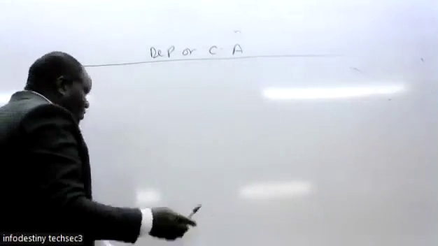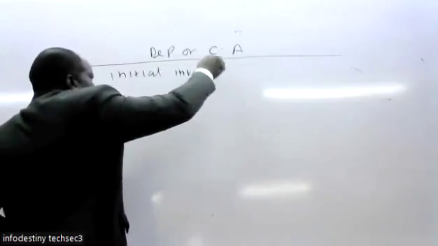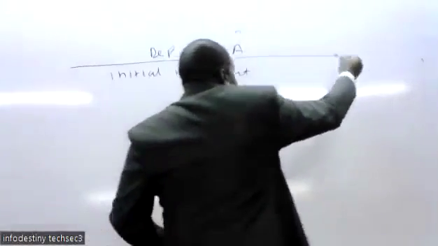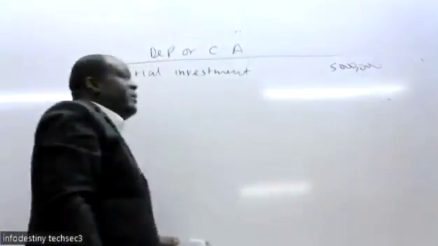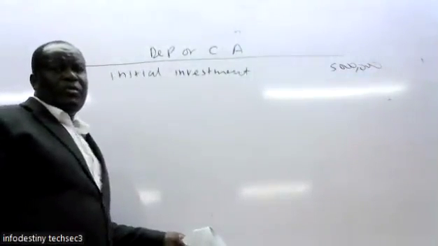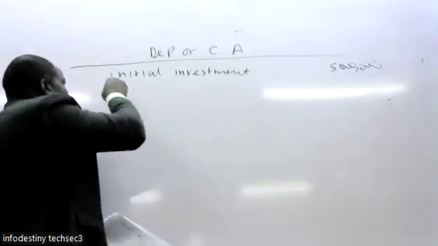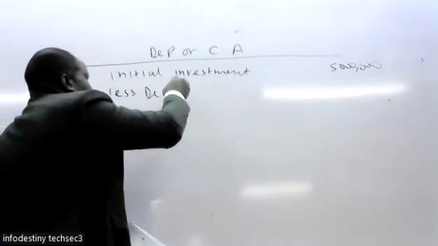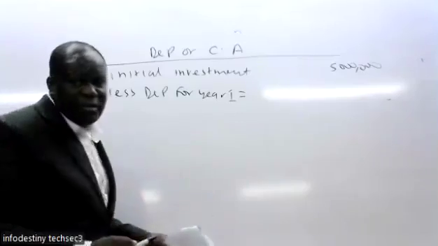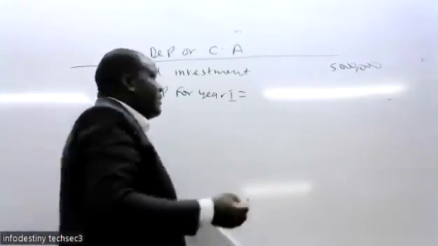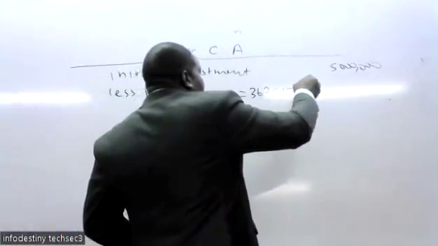We start with the initial investment, which was 5 million. We don't depreciate the working capital. We only depreciate the initial investment. We deduct depreciation for year 1. We calculated the depreciation rate, which was 36.75% of the 5 million.